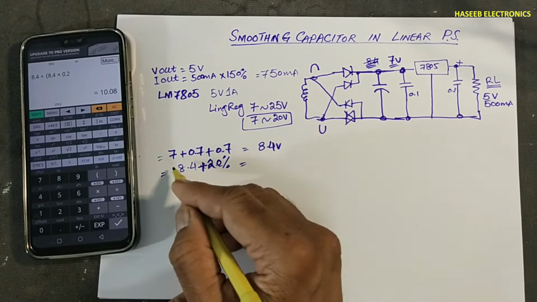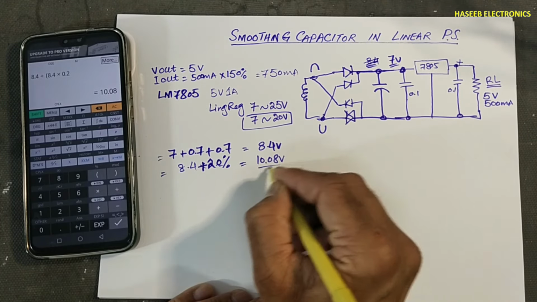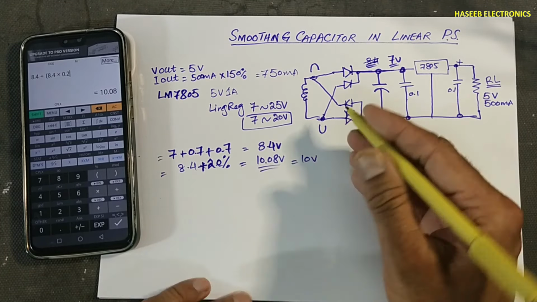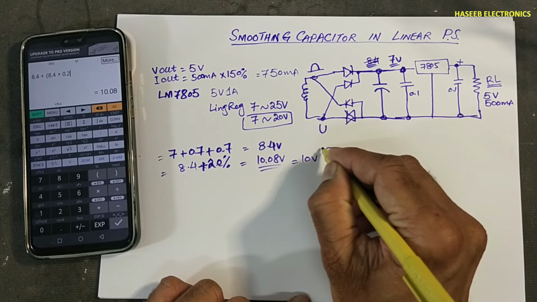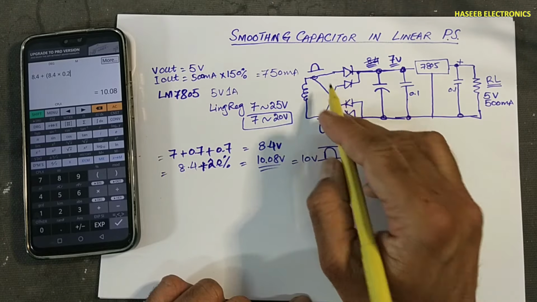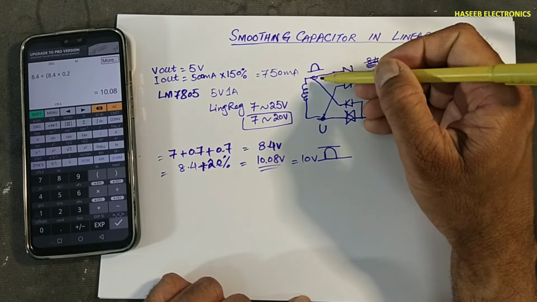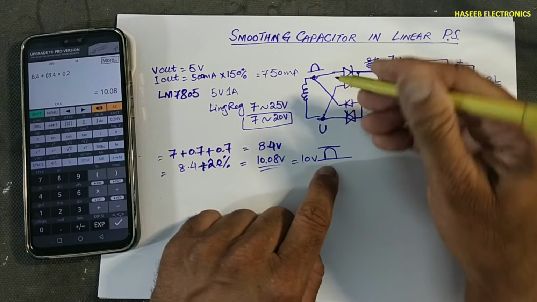With % headroom, it will be around 10.08 volts. We will consider 10 volt. We need 10 volt peak here, top level here. When this rectifier will rectify, we need 10 volt here, that is peak voltage.